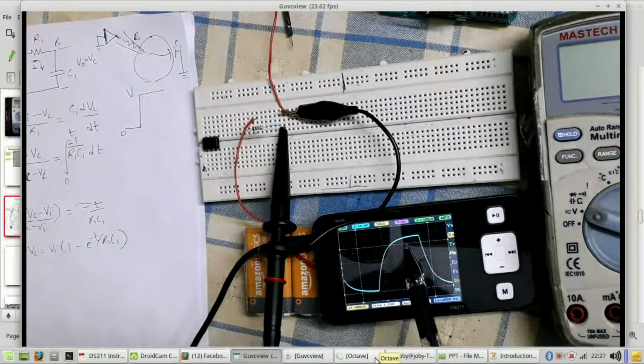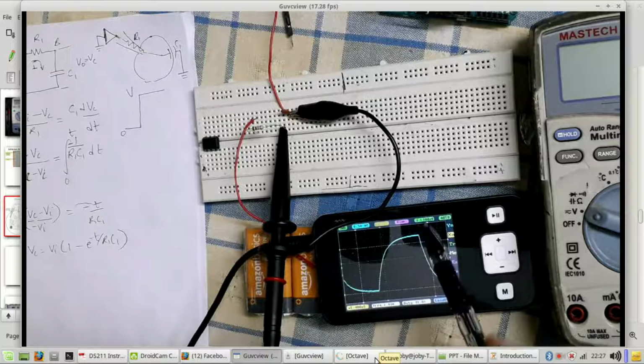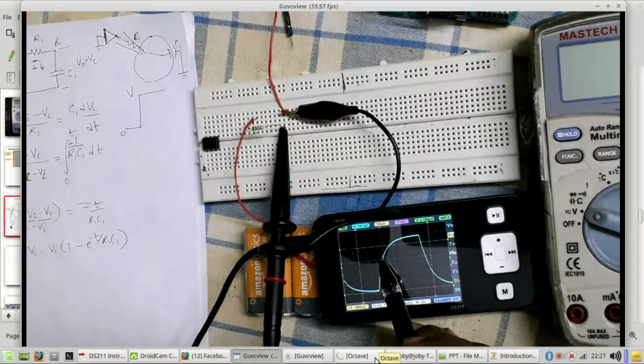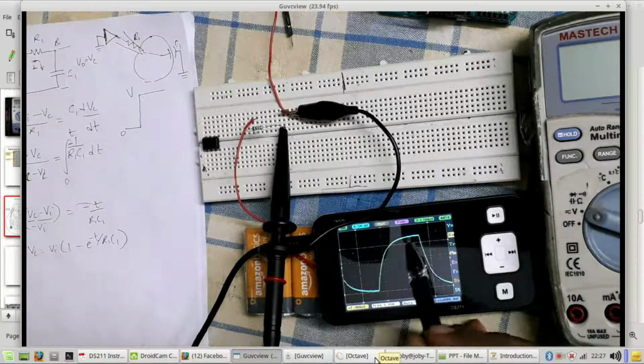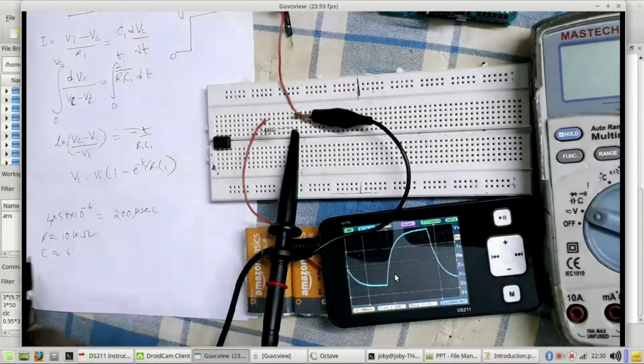So roughly 3 volts is the maximum of this square waveform. So 1, 2, 3, 4, 5, 6, 3. It's going towards 3 volts. Now 95% of that is 0.95 into 3, which is 2.85.